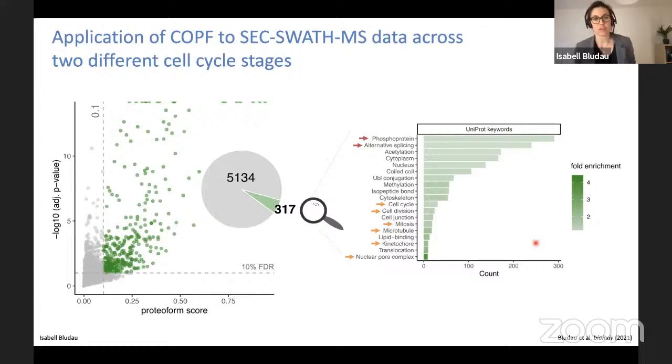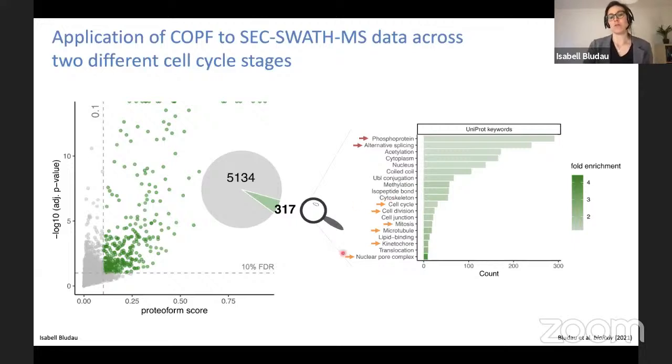Applying the COPF strategy to the cell cycle data set, we could detect 317 significant proteins. These are proteins that were called by COPF to have multiple different proteoforms. This was at a 10% FDR and a proteoform score cutoff of 0.1. When we performed an enrichment analysis of the UniProt keywords, phosphoprotein and alternative splicing came up. This makes sense in the context of finding proteoforms.